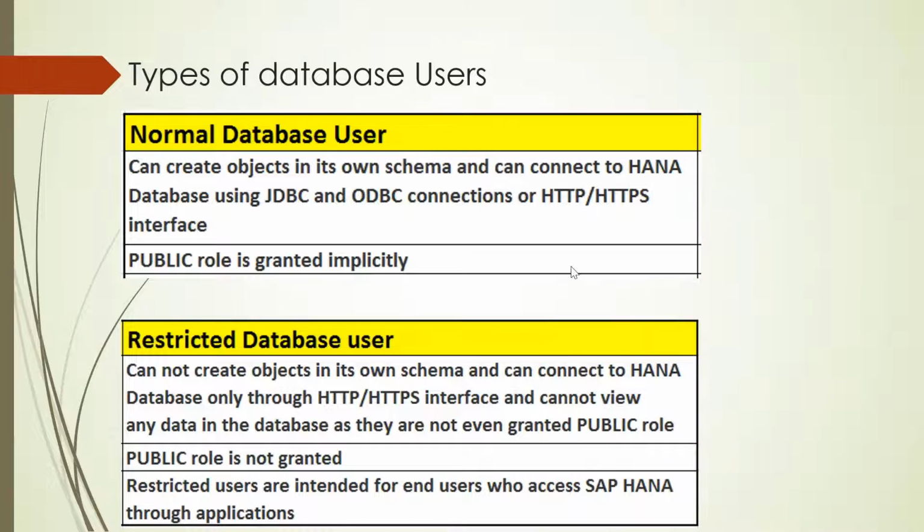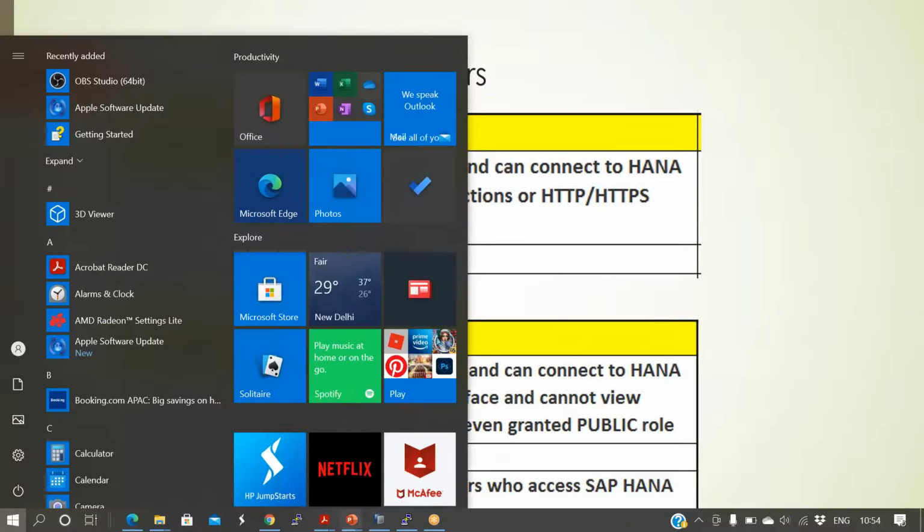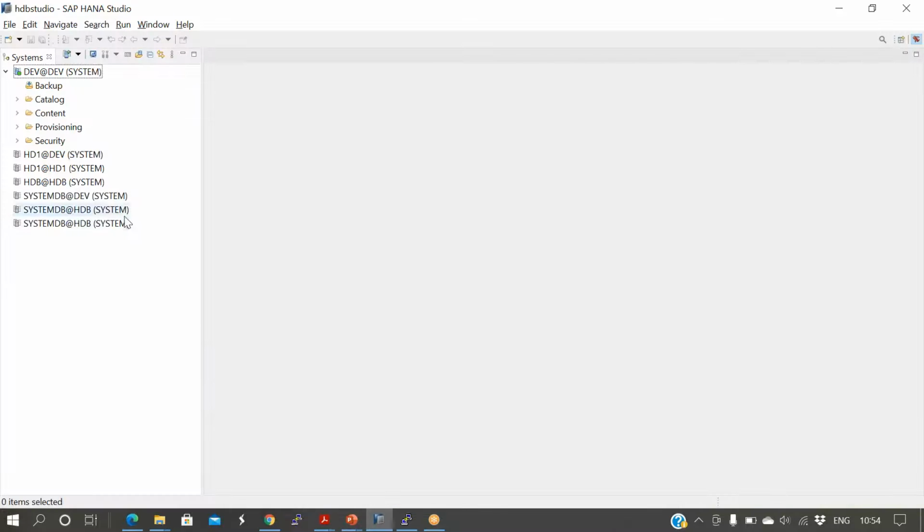Fine. I'll show you in the system. So if you see here, how to create users: if you go in the security folders, then under that we have the users and the roles.